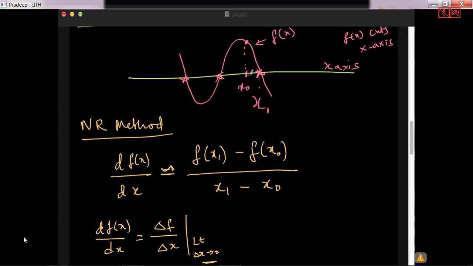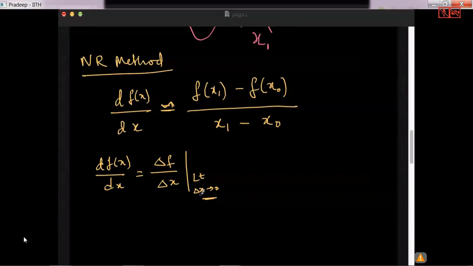If both of them are nearby, only then this equation will work. So delta x should be almost tending to 0. That means it should be close to the solution. Now this is the equation. Let's call this equation 1.